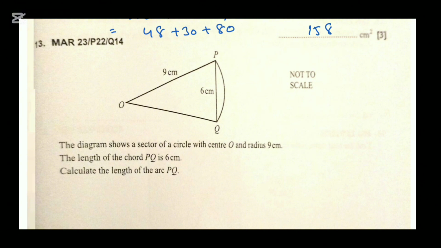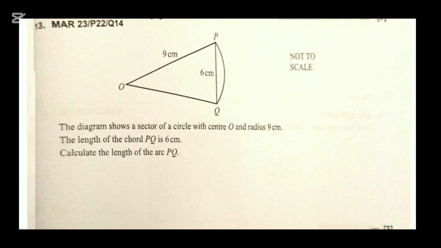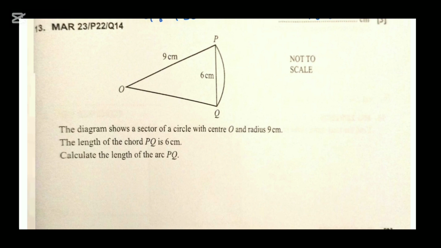First of all, we have to find here theta. We don't know the theta here. So for arc length, you have to use the formula arc length is equal to theta over 360 into 2 pi r. We don't know theta. So to find the theta, we have to use here cos rule.